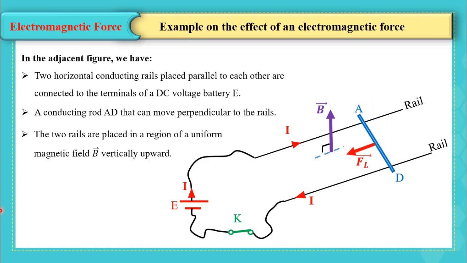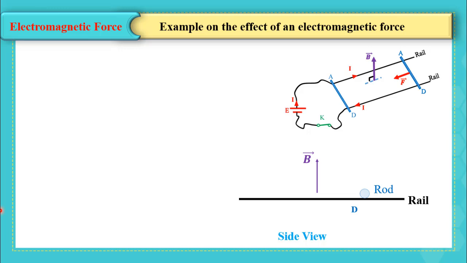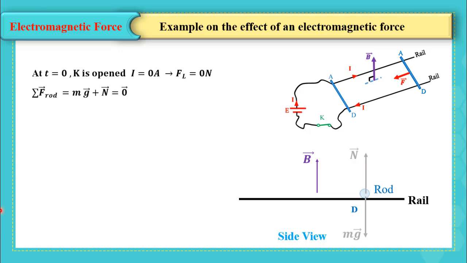To catch the idea, let's make a side view for this setup and study the motion of the rod. In the side view figure, we can see that the rod was at rest before closing the switch, where there is no current in the circuit. Why is that? Because the rod is affected only by the normal force and the weight, that are vertically opposite to each other, then their sum is 0.